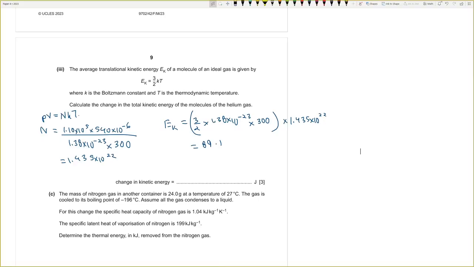So let's do that. This is the initial KE. What about the final one?